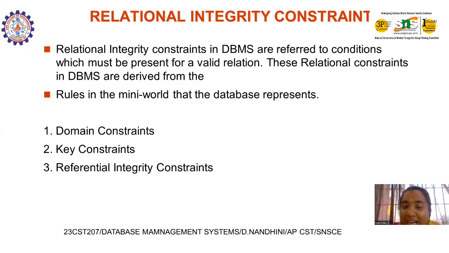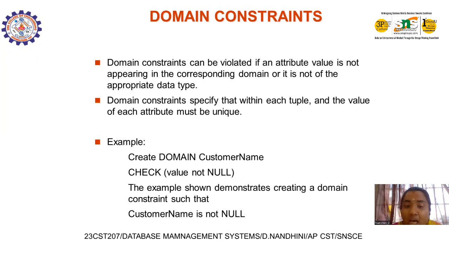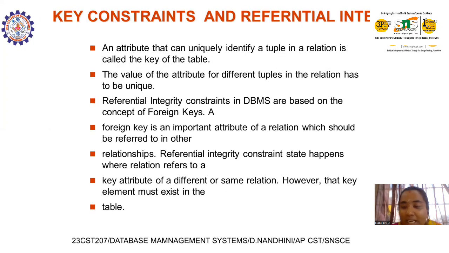You can also have a candidate key, an attribute that can uniquely identify a row. A table can have multiple candidate keys, but only one is chosen as the primary key. Next is a unique key, which is similar to a primary key but can have a null value. The purpose of key constraints is to prevent duplicate records and ensure each row is uniquely identified, which maintains data accuracy and integrity.